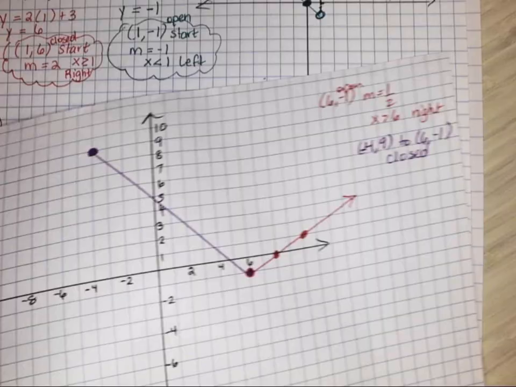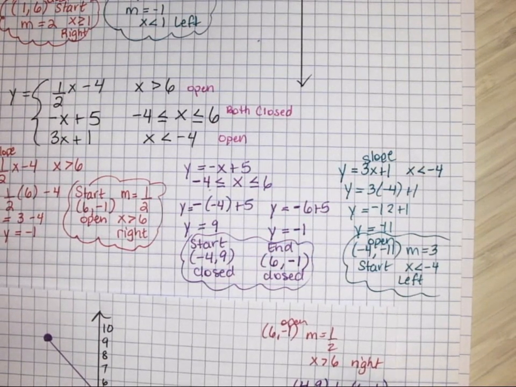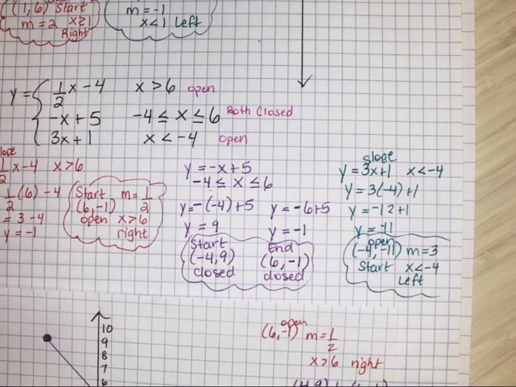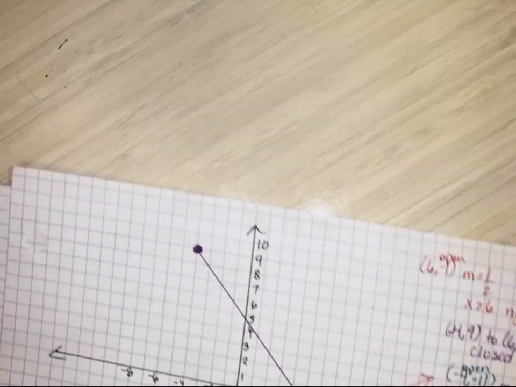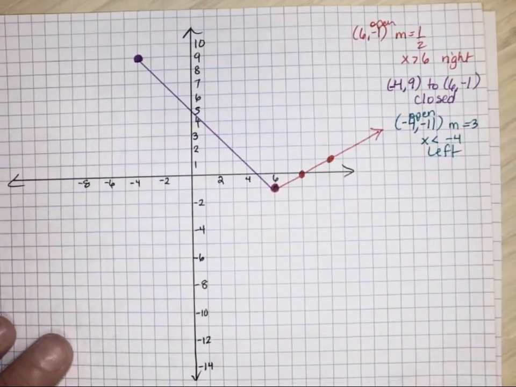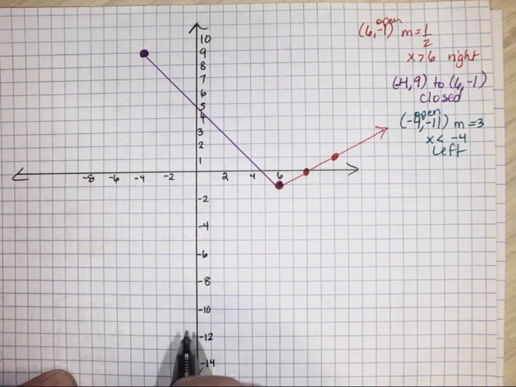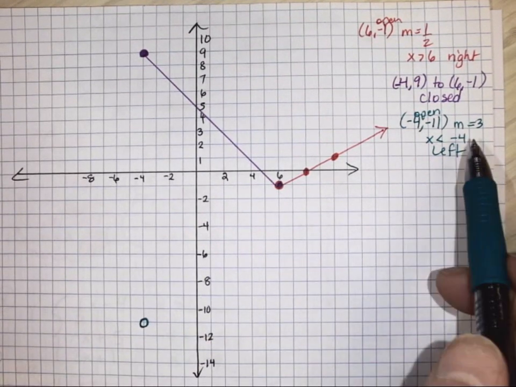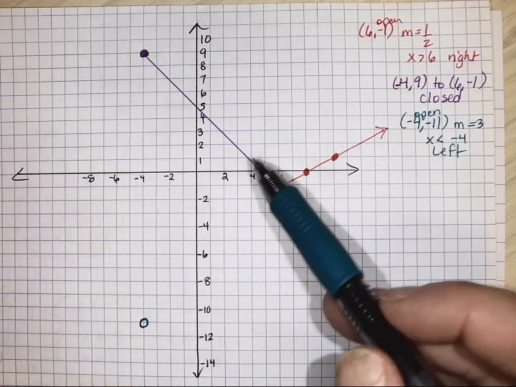Okay, the next part in green, last but not least, it started at negative 4, negative 11, and that's an open hole. Slope is 3, and it's x less than negative 4, so I only want to see the left part of my graph. And my slope is 3, so this line will be positive slope.